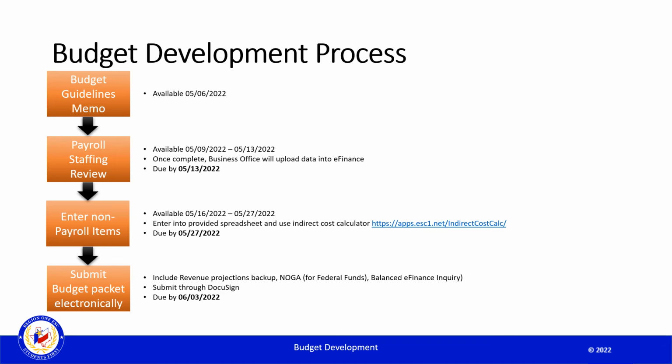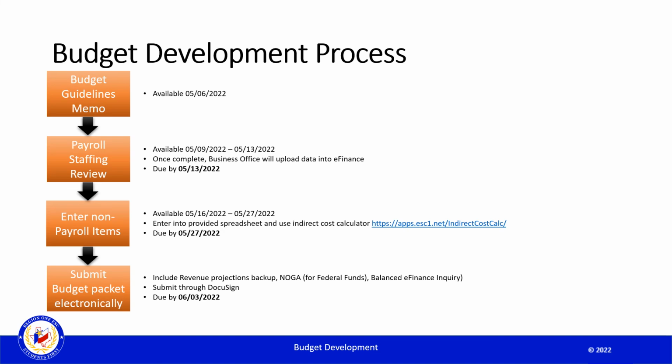Region 1's budget development process is broken out into the following 4 parts: budget guidelines memo, payroll staffing review, entering of non-payroll items into a budget data entry worksheet, and the submission of your proposed budget. Detailed presentations for each of the 4 parts of the budget development process are linked on our budget development intranet website.